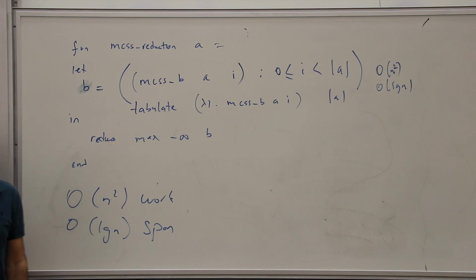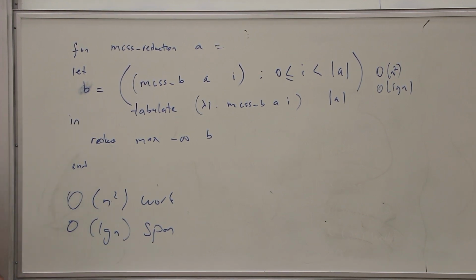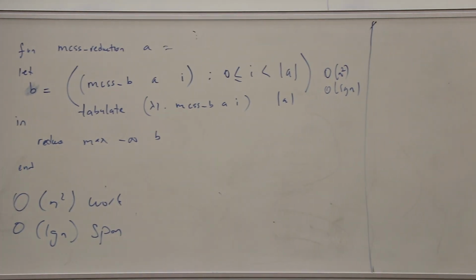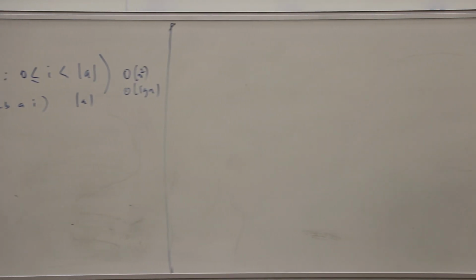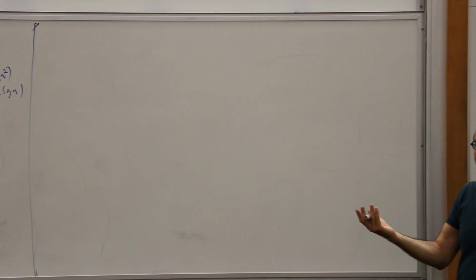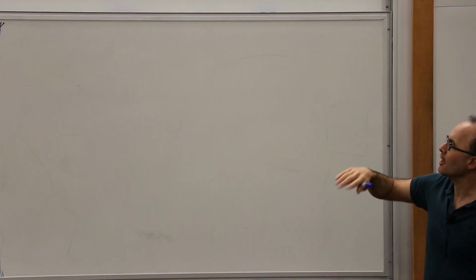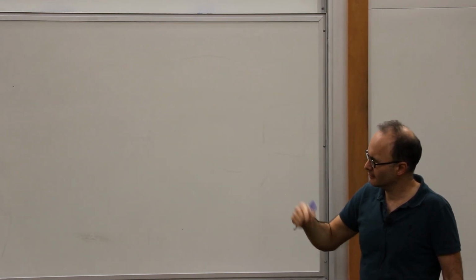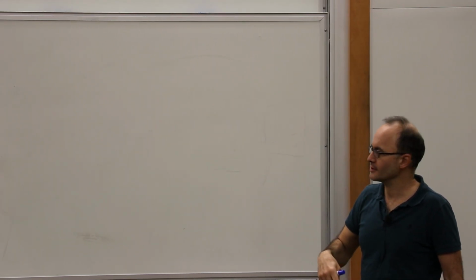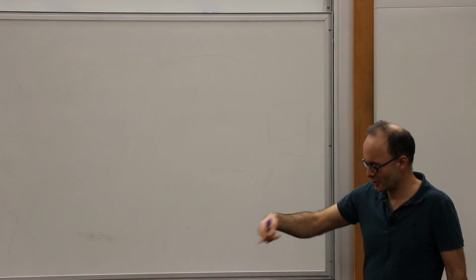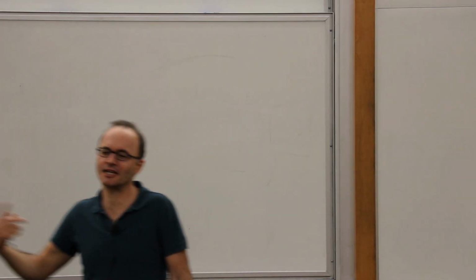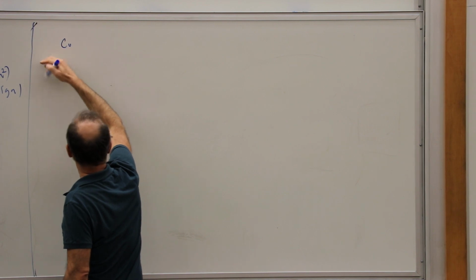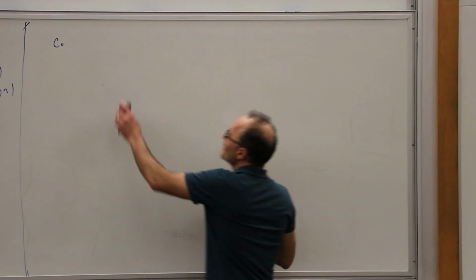Any questions? Okay, very good. So now we're going to do another twist. Let's consider the dual. Let's do the same, but for the problem of finding the largest contiguous subsequence that ends at a particular position, okay?